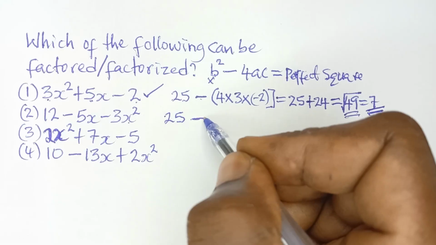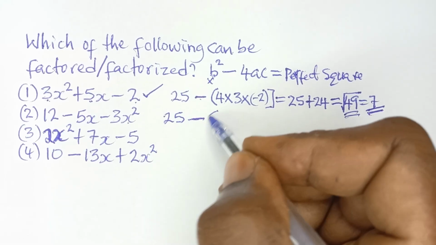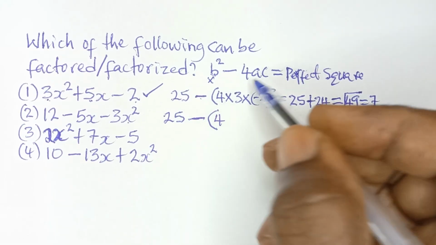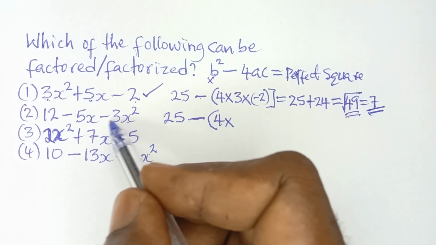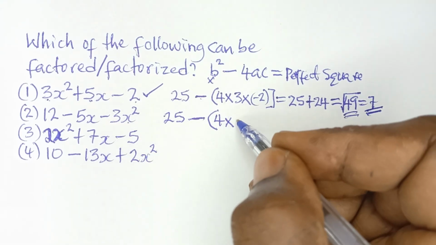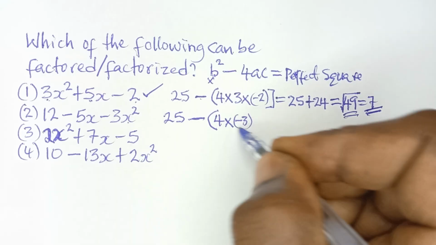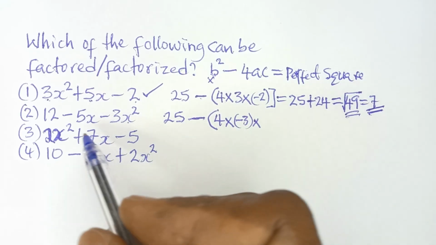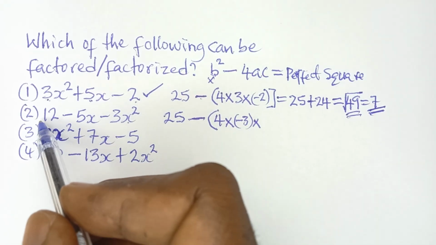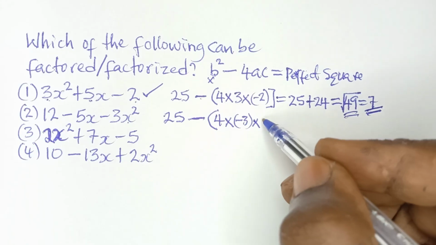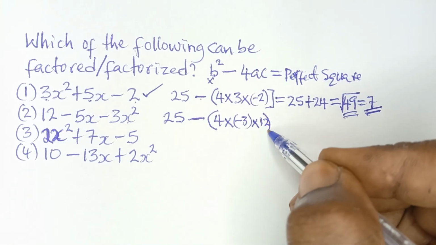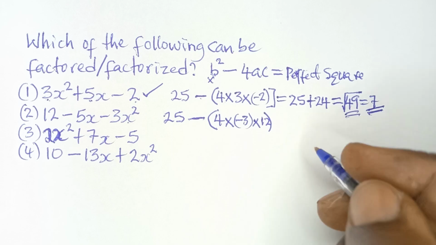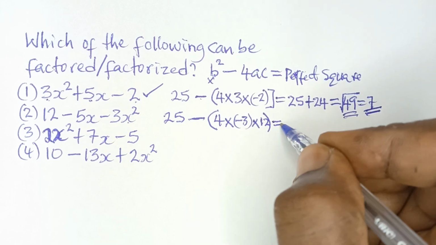And then minus, let's open up a bracket, 4 is the constant term there, times A, which is -3, and then multiplied by C, which is 12. Let me write it down.